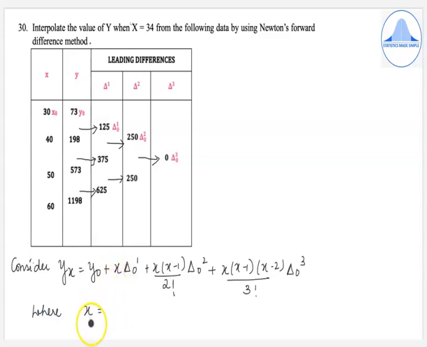So x is the value for which y has to be interpolated.